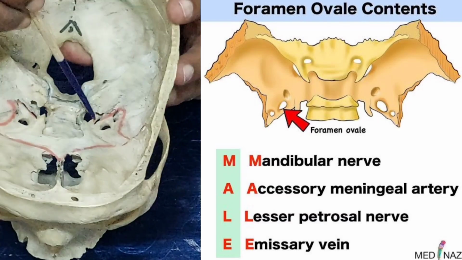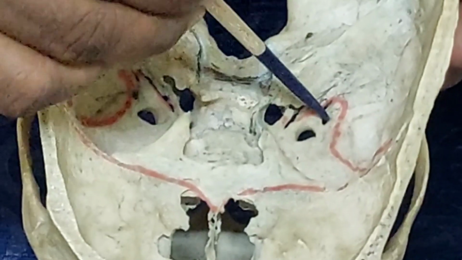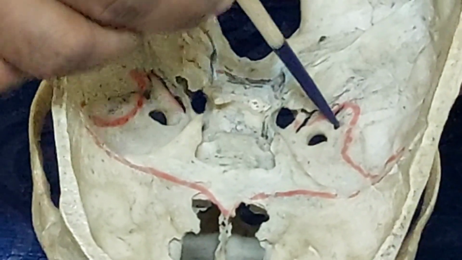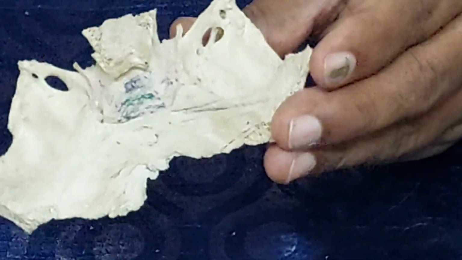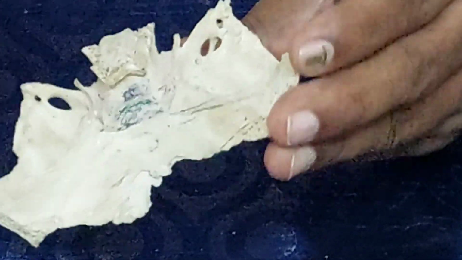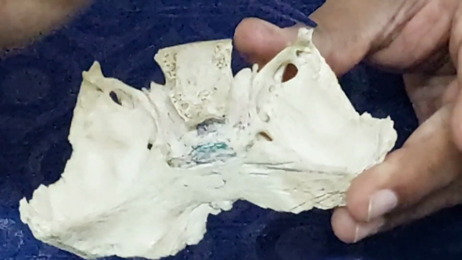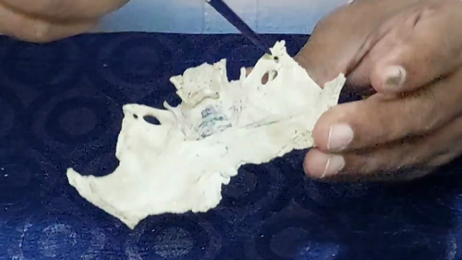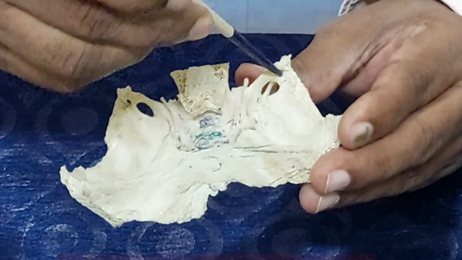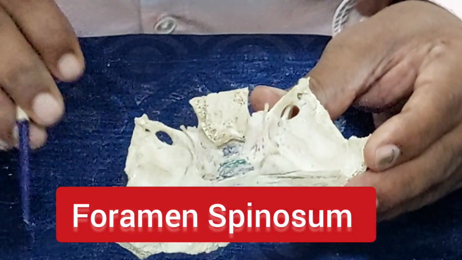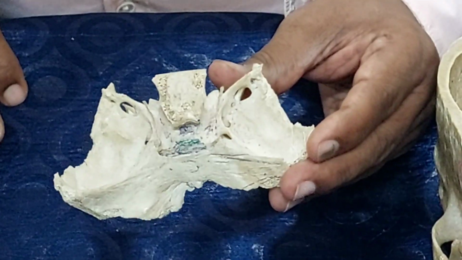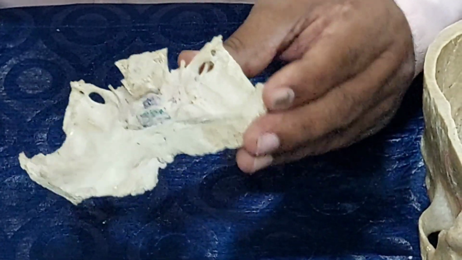And behind the foramen ovale, another foramen is there close to the spine of the sphenoid. If I see this separately in the sphenoid bone, behind the foramen ovale, this small foramen close to the spine of sphenoid is called foramen spinosum. And through this foramen spinosum, the structure passing is the posterior trunk of the middle meningeal vessels.